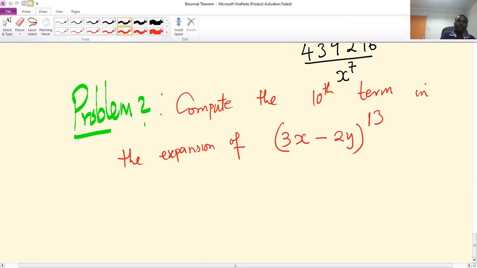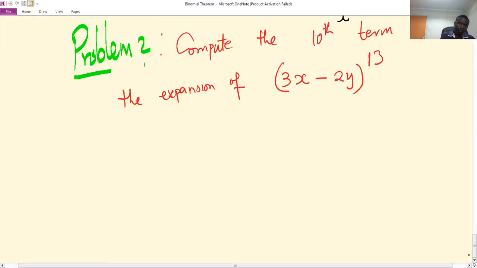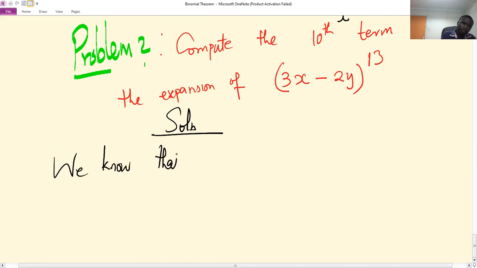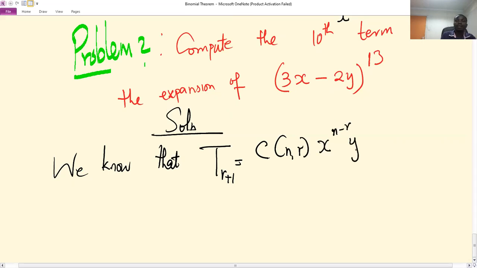When you remember the general definition of a general term, you are in a better position to get the answer. So we know that T_(r+1) is given by C(n, r) x^(n minus r) y^r for this expansion.